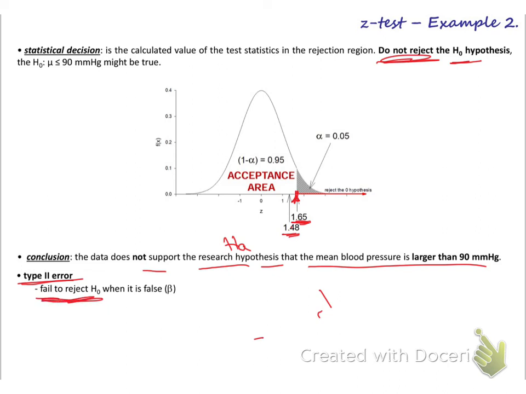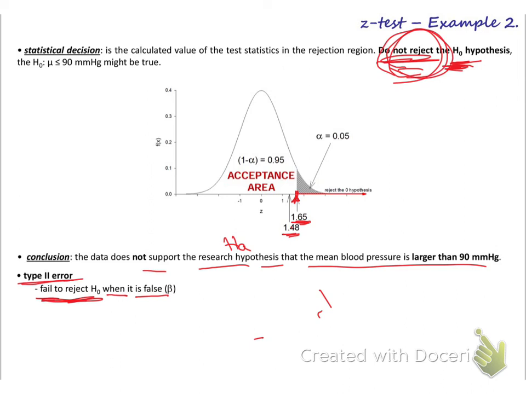Type 2 means that we cannot reject H naught. If we did not reject, it will be type 2. If we can reject it, it will be type 1. So type 1 is rejection of H naught; type 2, we cannot reject. Failed to reject H naught when it is false. H naught may be false, but we did not reject it. It may be wrong, false, but we did not. That's why it's called error.